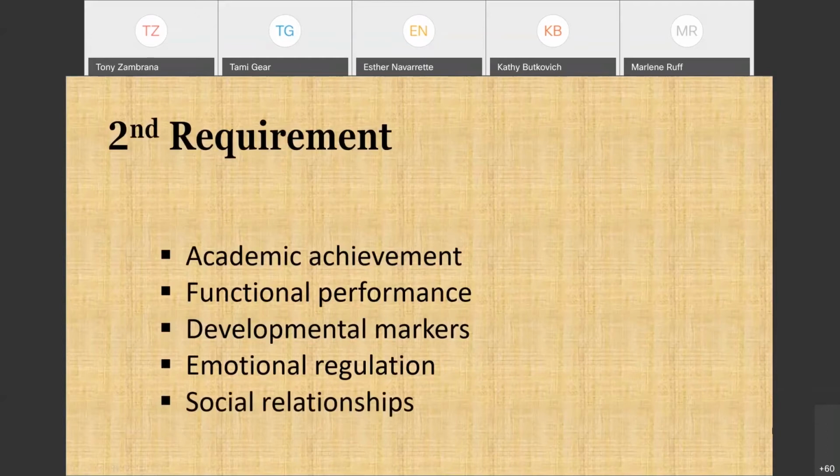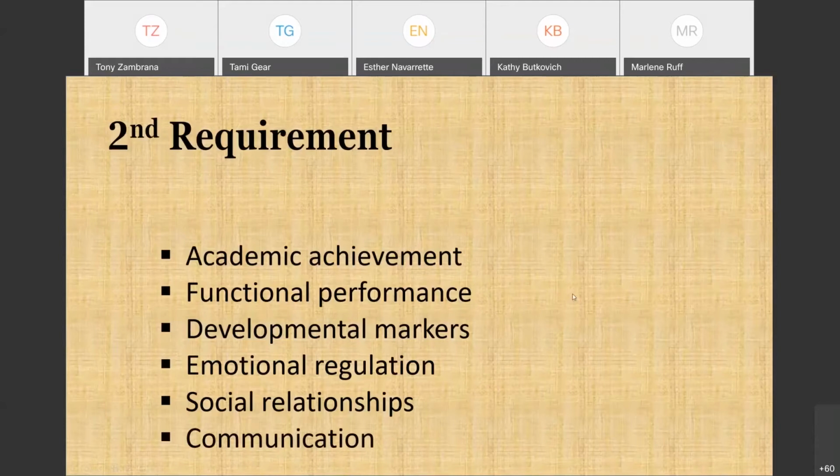But again, we're going to go to the third prong. So this is the second requirement that it has to have. These are the areas that they might meet that second requirement in. Okay, and I will answer questions in just a minute about these. And then communication. Are they able to communicate with the teacher, with their peers? All of those are the things we look at.